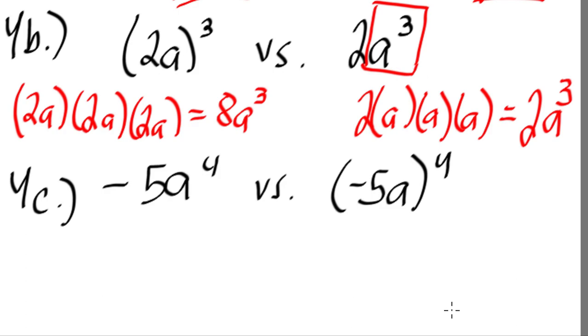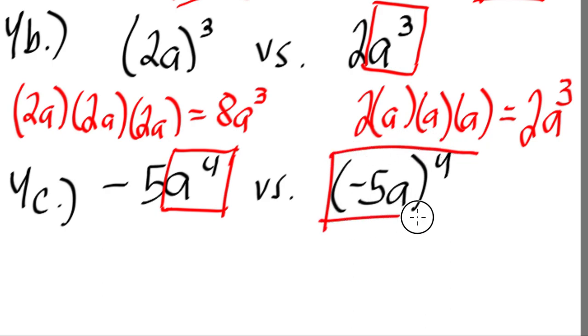Okay, go. Okay, so I hope you have the answer already. So here in the first term, what is being raised to 4? What is being raised to 4 is only the a, not the 5, not the negative, only the a. Here, it's the whole expression which is being raised to 4, including the negative sign.